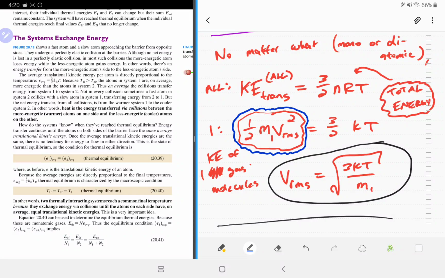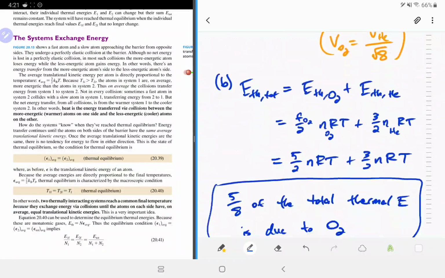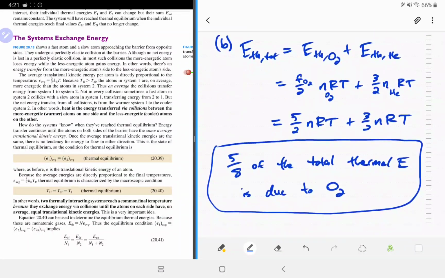So the oxygen has more mass per molecule, and it's going to be moving slower. And it's exactly in such a way that 1/2 mv squared is the same for both of them. So 1/2 times the mass of the helium times the speed of the helium squared is equal to 1/2 times the mass of the oxygen times the speed of the oxygen squared. And that's the same for both of these because they're in thermal equilibrium.